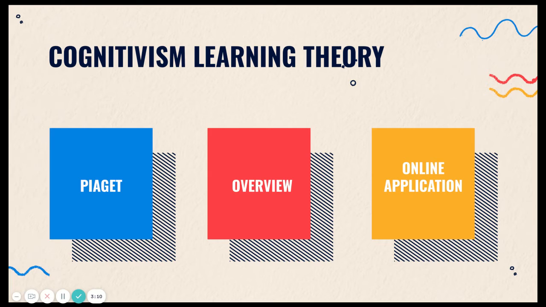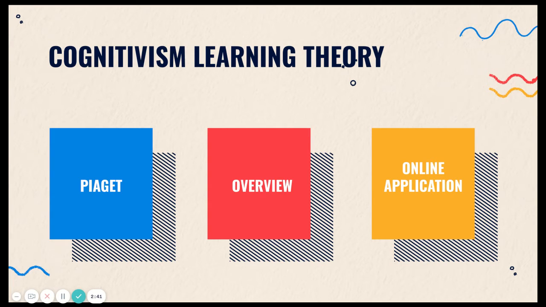Jean Piaget was a Swiss psychologist who specialized in children and developed what is known as the 4 stages of cognitive development. These stages include the sensory motor stage from birth to 2 years old, the pre-operational stage from ages 2 to 7, the concrete operational stage from ages 7 to 11, and the formal operational stage, ages 12 and up.